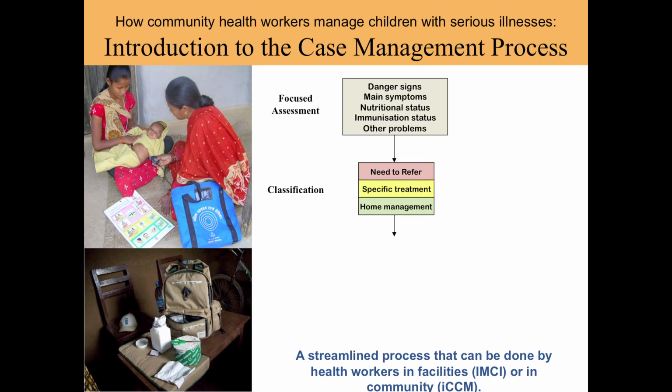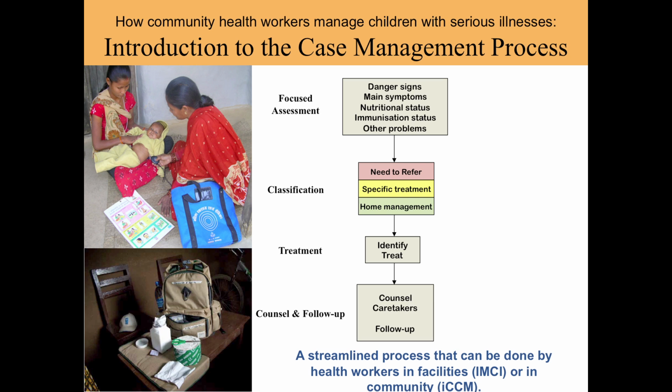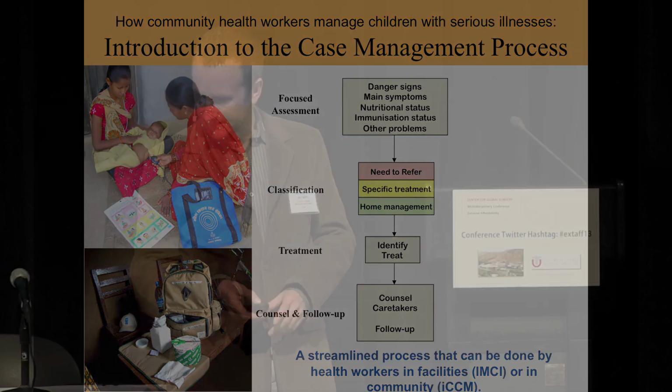They then classify these children as needing referral, specific treatment at home, or symptomatic management at home. They identify and treat these 5 major conditions. And then they counsel the caretakers and they follow up. So it's very simple.